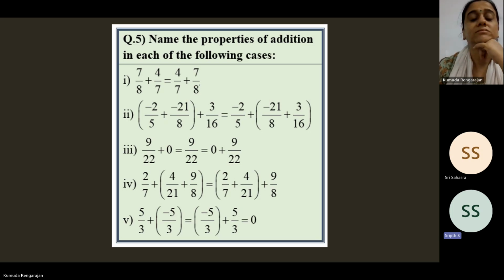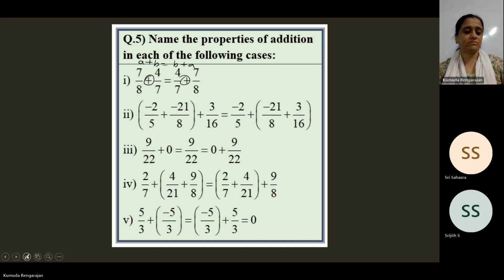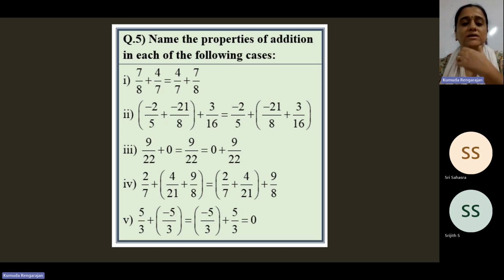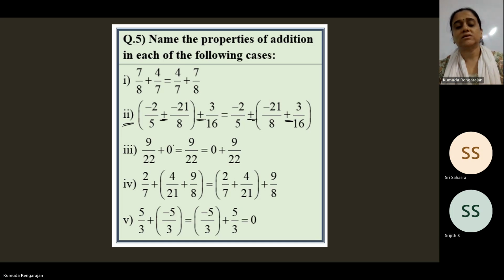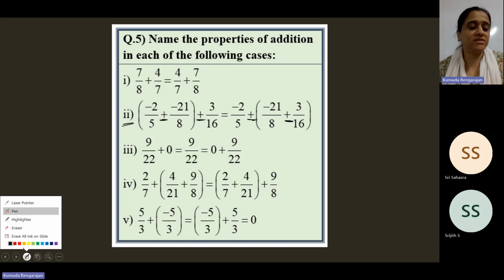Commutative property of? Addition of rational numbers, because the sign is plus. A plus B is equal to B plus A. The next one, what's the property for the second one? Associative, ma'am. Associative property of addition of rational numbers, yes. Now, Sahasra, the third one?